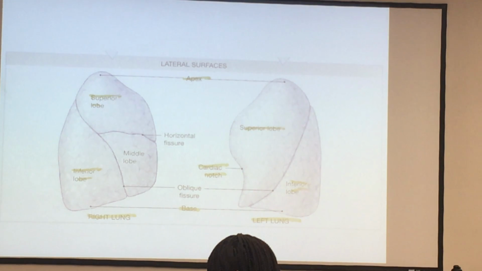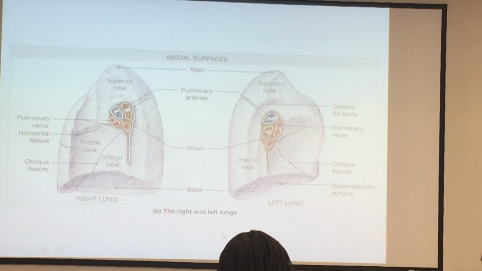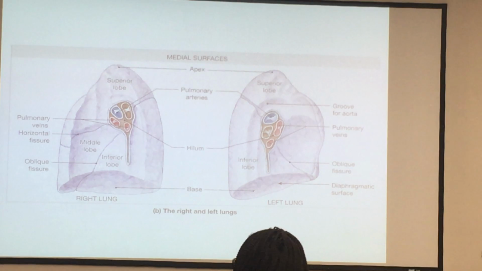And different from the heart, where the apex is on the low part, in the lung the upper part we call apex. Okay, and on the bottom here, close to the diaphragm, we call it base. Just reversed compared to the heart. Heart, on top, the area we call base, and on the lower part here we call apex. Just reversed. Now we turn to the other side, the posterior side, and then we can see the artery coming in and out, nerve fiber, and lymphatic vessel, and we call this hilum.